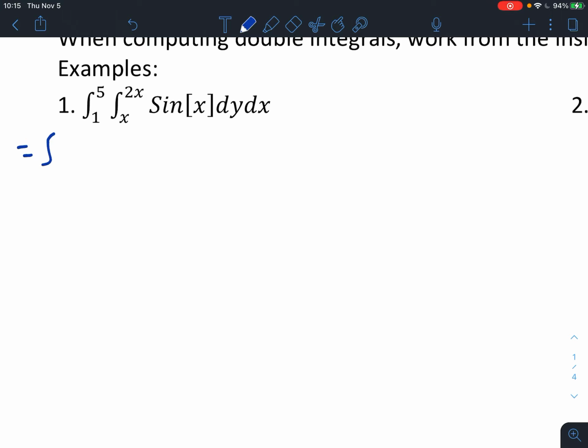So our first integral is going to be, we keep the 1 to 5 integral on the outside. We integrate sine x with respect to y. That's just going to be sine x times y, from x to 2x, and then don't forget our dx is still there.